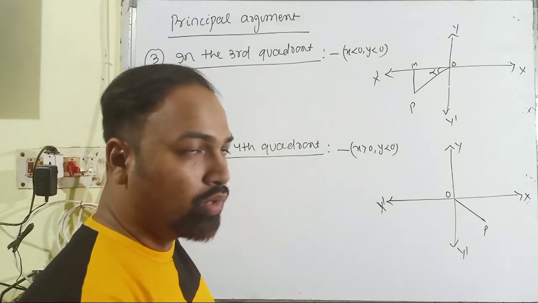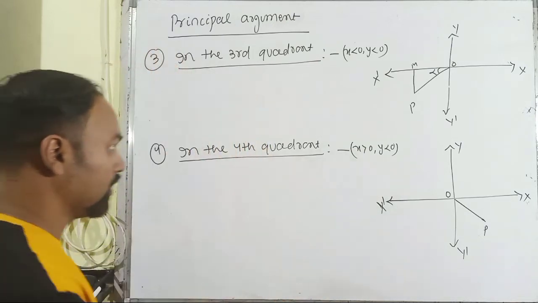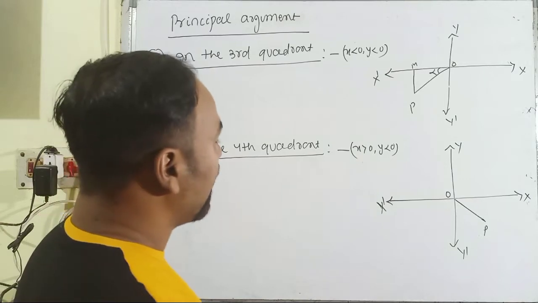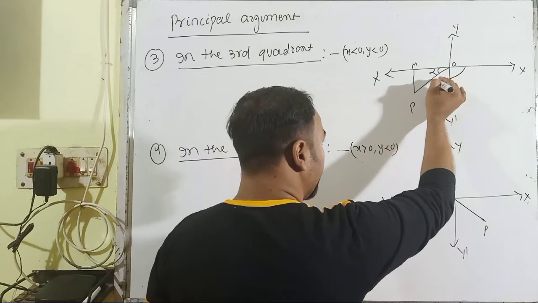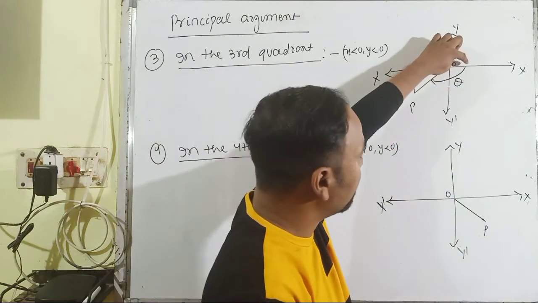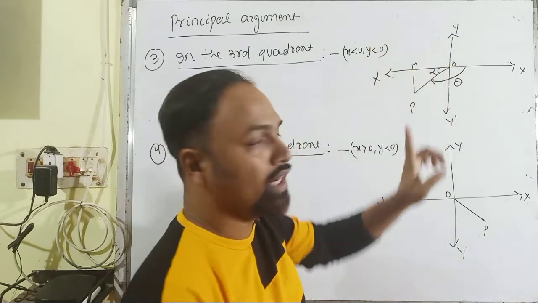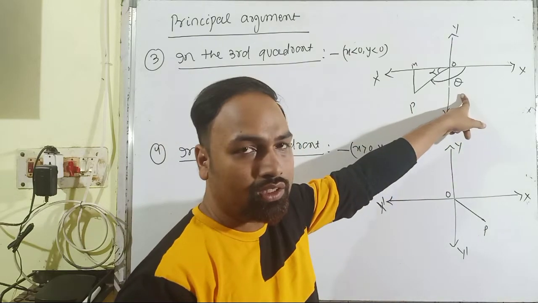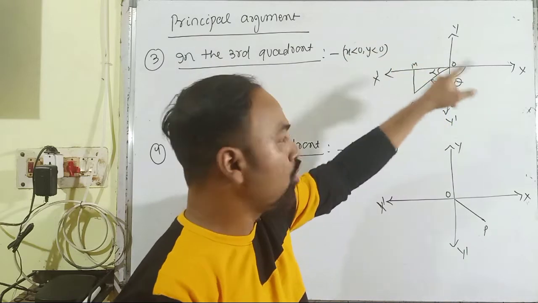But we have to find the principal argument of the given complex number in the third quadrant. According to the previous notes, the principal argument is measured in the anti-clockwise direction. Here it is theta, because if you try to measure this angle in the anti-clockwise direction, it will be greater than 180 degrees. So to restrict it to the given condition of the principal argument, we have to measure it in the reverse direction, that means the clockwise direction.